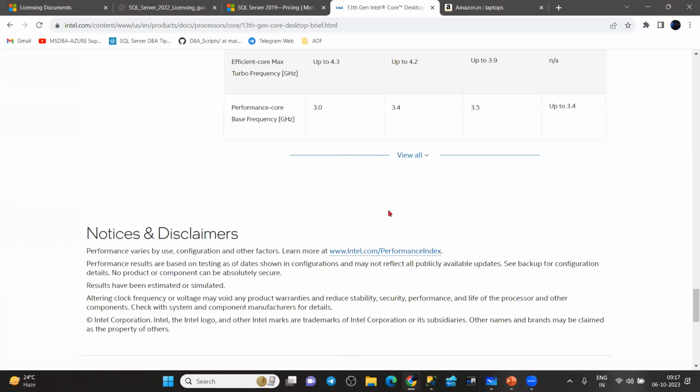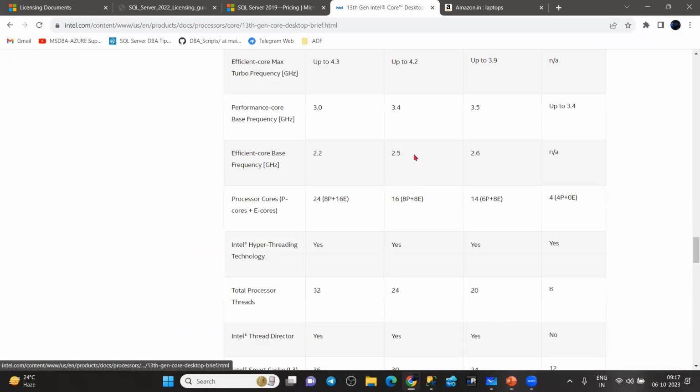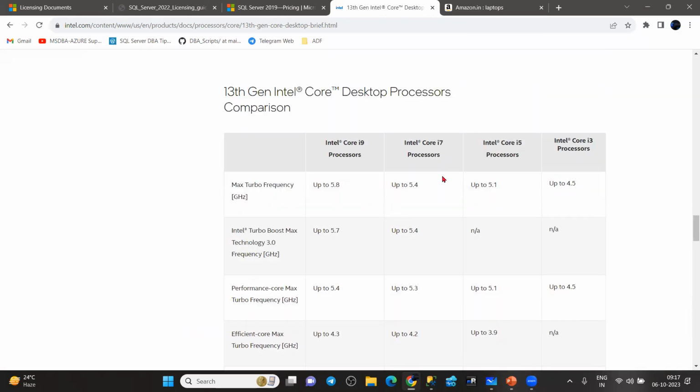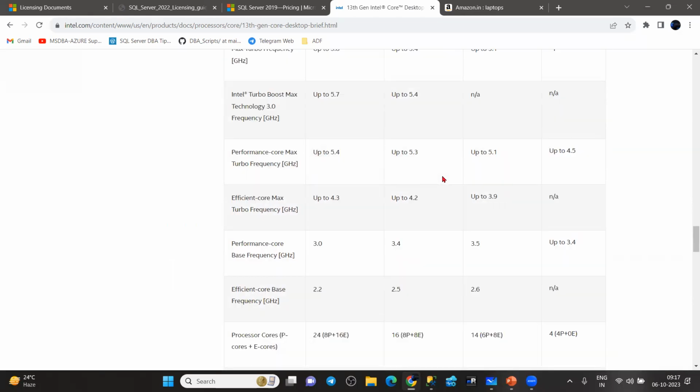Now for i7 13th generation, scroll down.